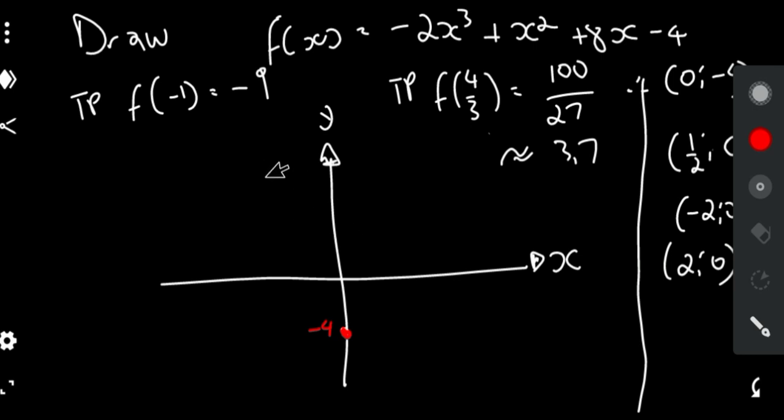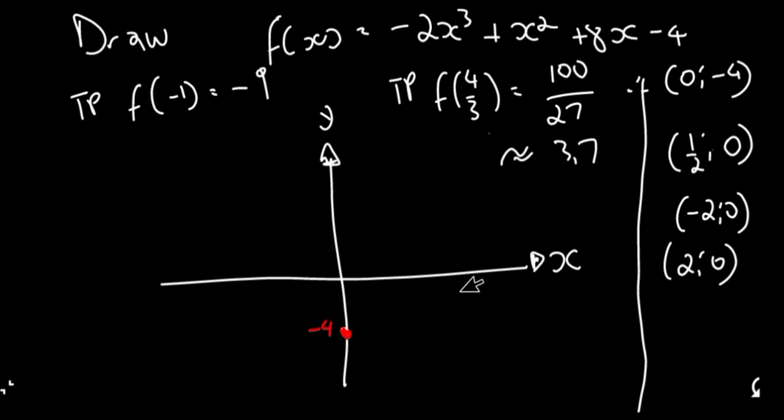and our x-intercept is just a half, which is 0.5. So on the graph it's going to be a half, and -2 is somewhere here.